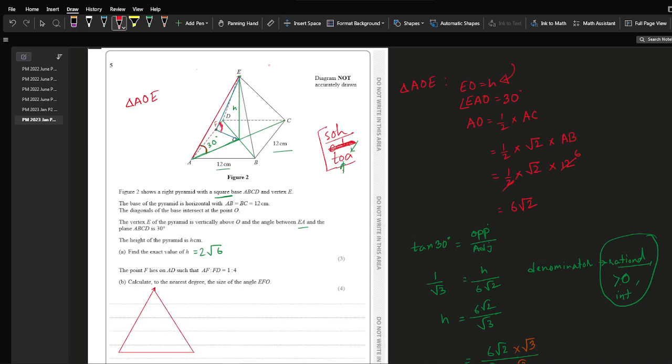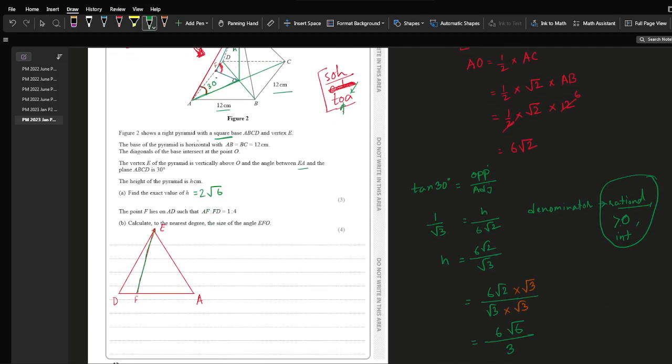This is the plane from this side. So this is the point E, this is point D, and this is point A, and our point F is close to D. We have to find this length AD, and the whole side is 12 centimeters, and the ratio is 1 is to 4.